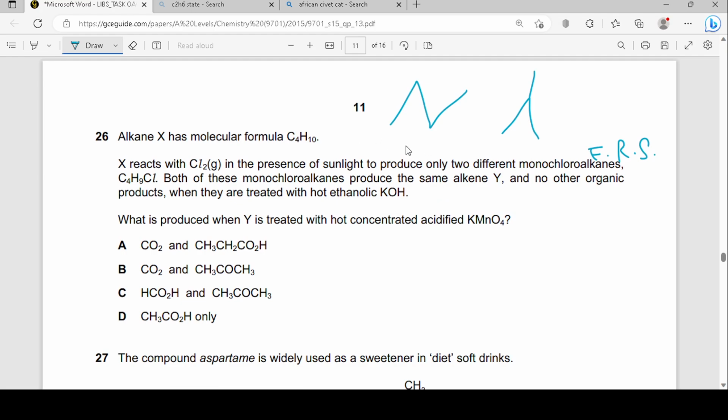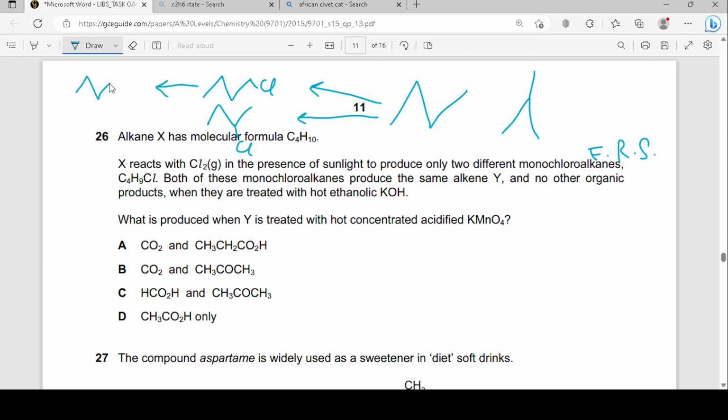So this one would give me, let me just make it on the left side, and I'll have more space that way. So this one could give me this product, or it could give me this product, okay? And then if I treat it with hot ethanolic KOH, what alkene would I get?